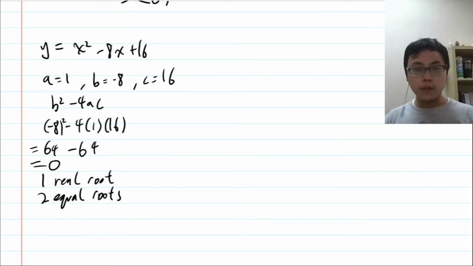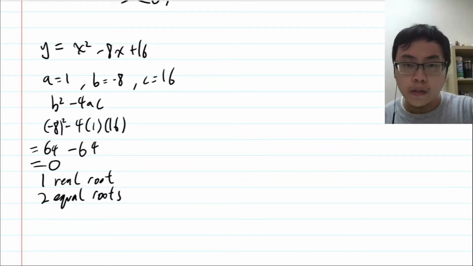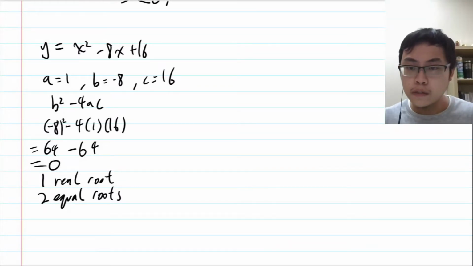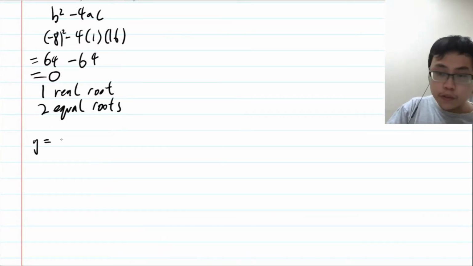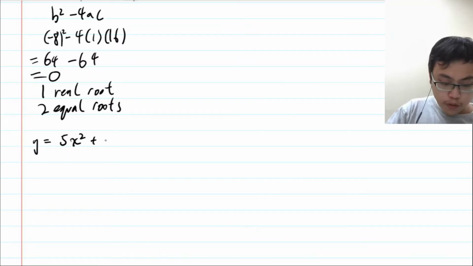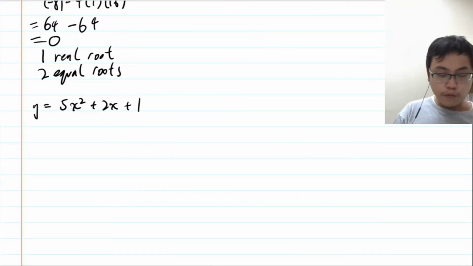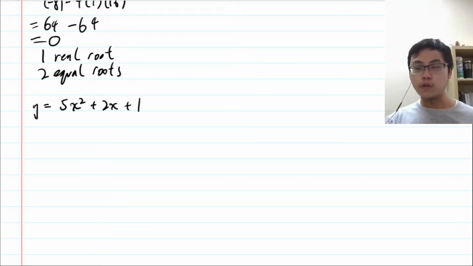Another equation, final example. So let's do this one. We have y equals 5x squared plus 2x plus 1. And we want to figure out whether there are 2 roots, 1 root, or no roots.